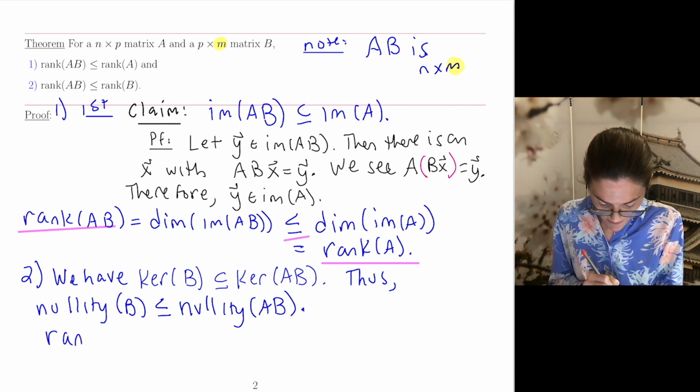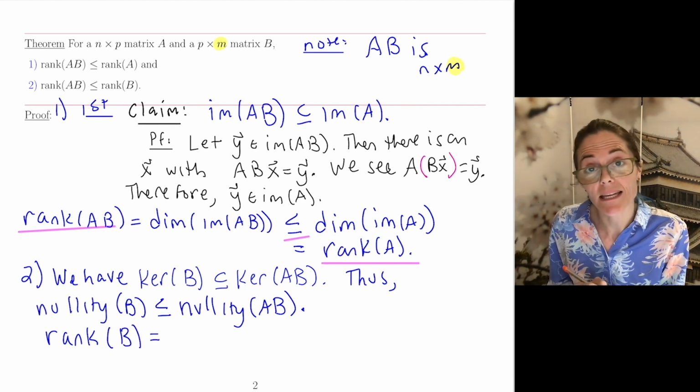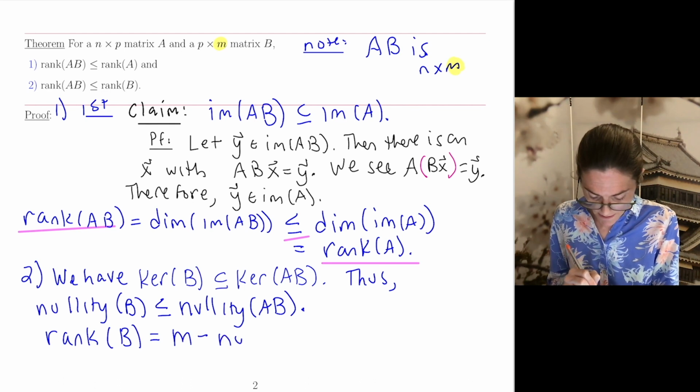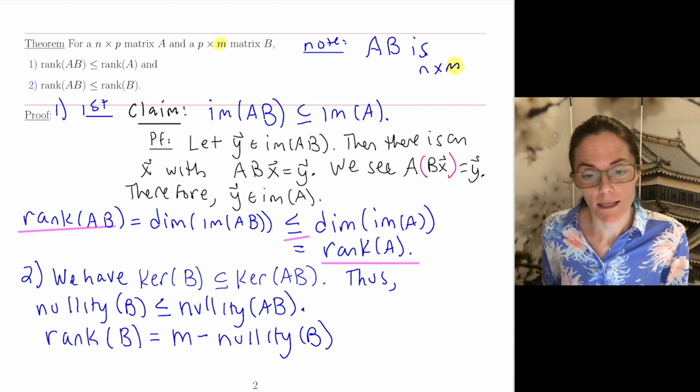The rank of, say, B, by the rank nullity theorem, is M minus the nullity of B. Now I'm going to have an inequality here.